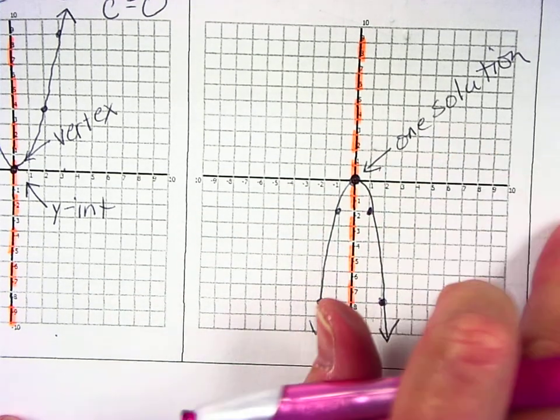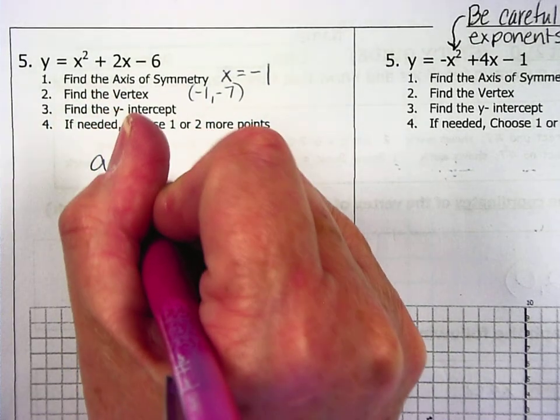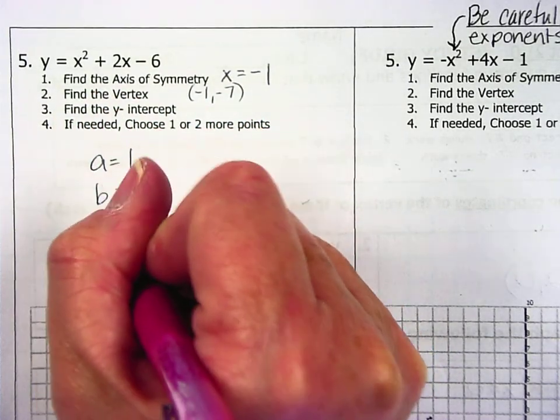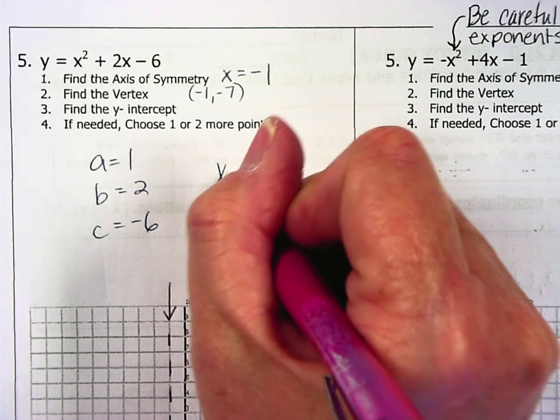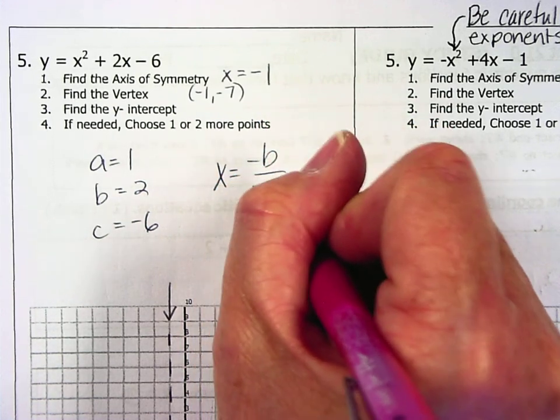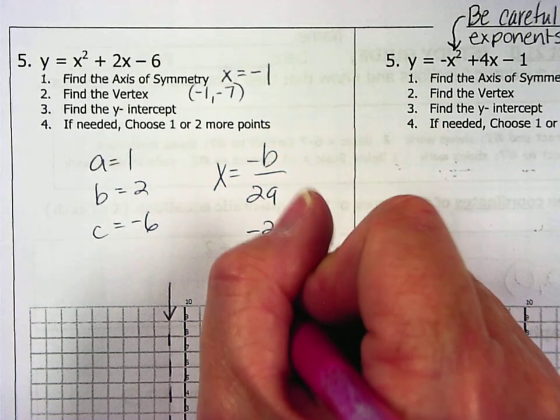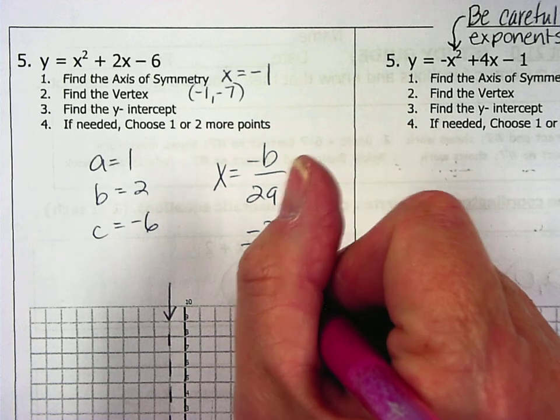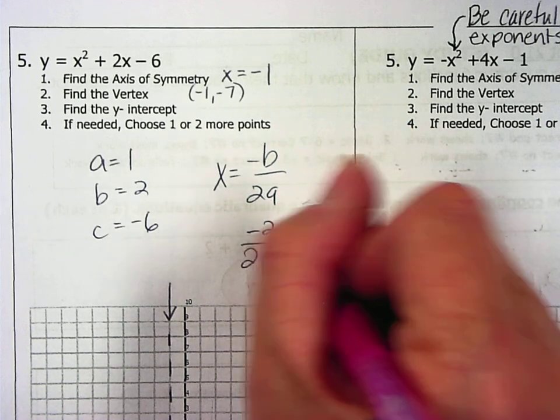So now we're going to start with number 5. And number 5 is real quick. A is 1, B is 2, and C is -6. Axis of symmetry is -2 over 2 times -6.